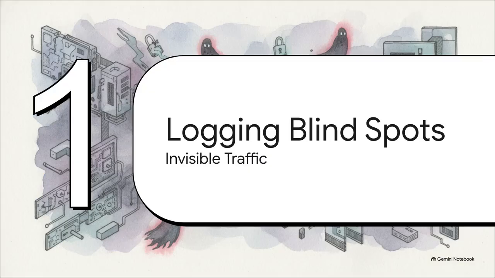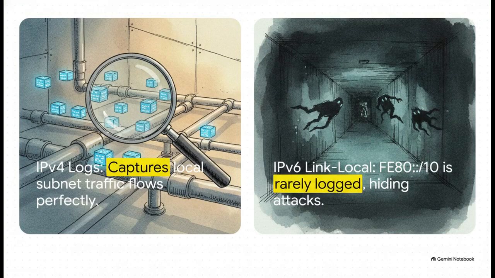Section 4. The logging blind spot, invisible traffic. Here's where it gets genuinely terrifying. Even if an attacker exploits those kernel vulnerabilities we just talked about or sets up a hidden command and control channel, you might actually never know. Why?